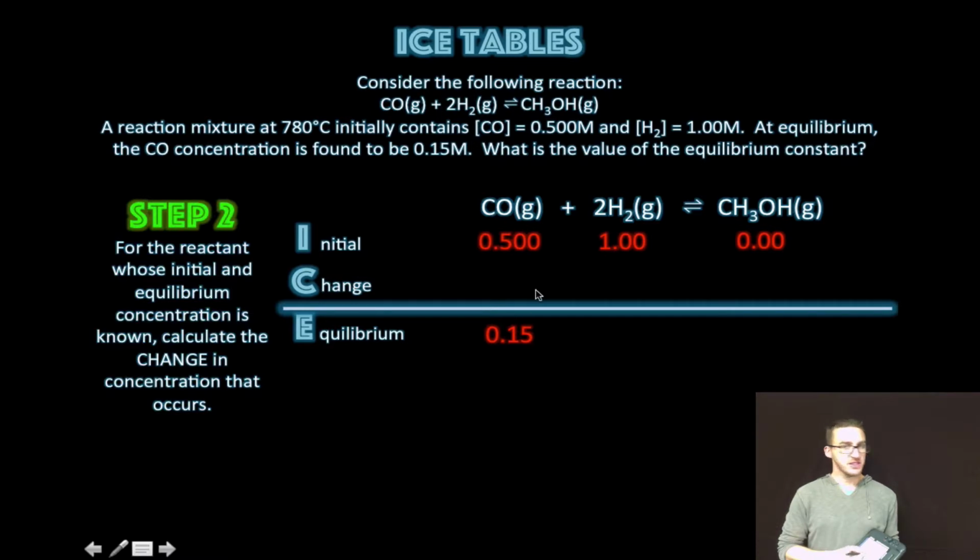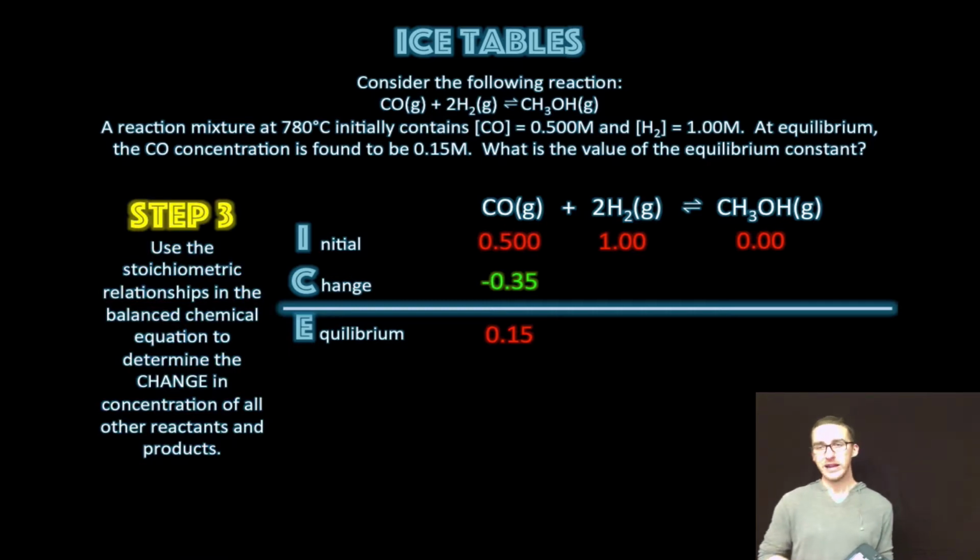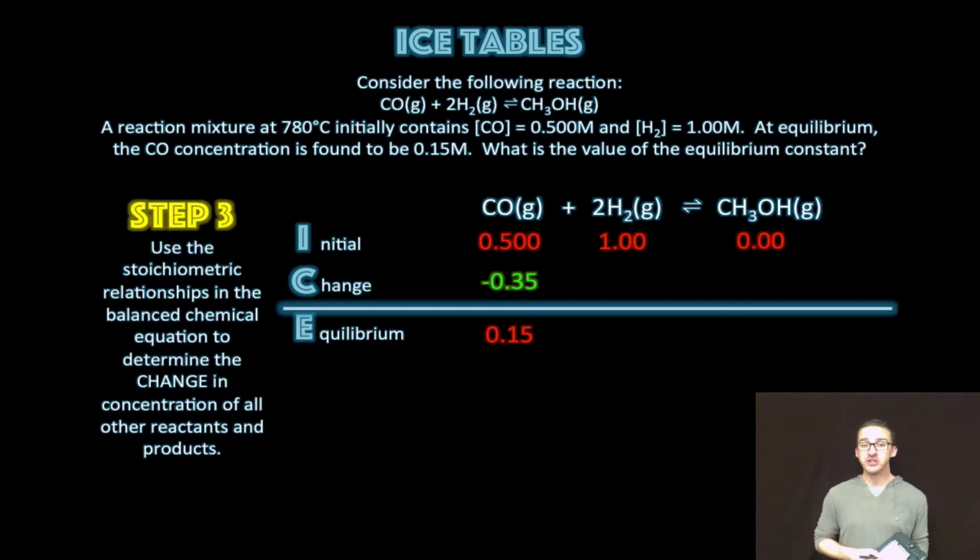Step 2. Since we know initial and equilibrium concentrations, let's calculate the change in concentration that occurs. We must have had a decrease of 0.35 molar concentration to get from 0.5 to 0.15. Step 3. We're going to use the stoichiometric relationships in the balanced chemical equation to determine the change in concentration for all the other reactants and products.